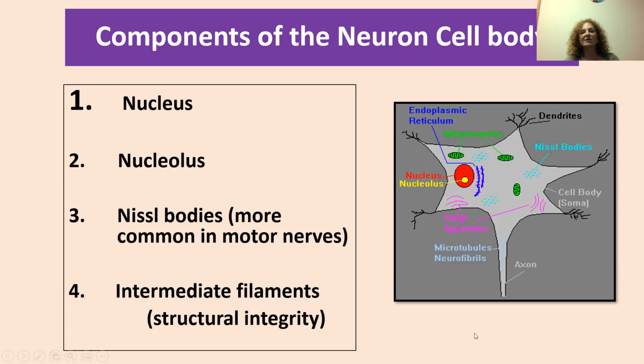It also has something called intermediate filaments. Like every cell of the human body, it contains its own specific intermediate filament, which gives the cell not only structural integrity, but it also gives us a way to recognize the type of cell that we are looking at under the microscope. So if we're talking about epithelium, for example, the intermediate filaments would include the keratins.